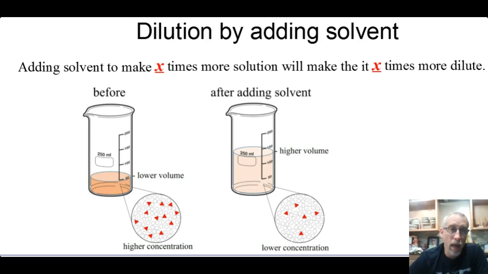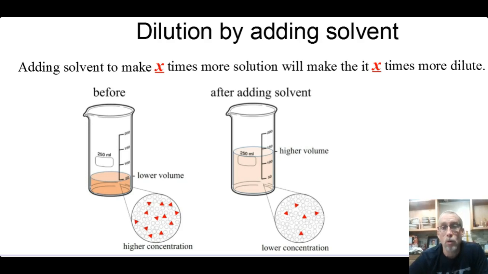So in the example that I have here, we have a volume of about 50 milliliters to start with, and we end up with about 125 after we've added some solvent. So that's about 2.5 times as much solution, which means our concentration is 2.5 times less. Okay?